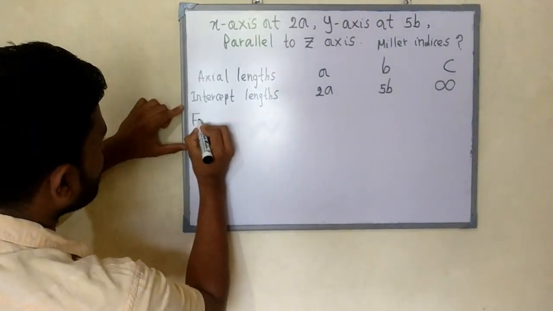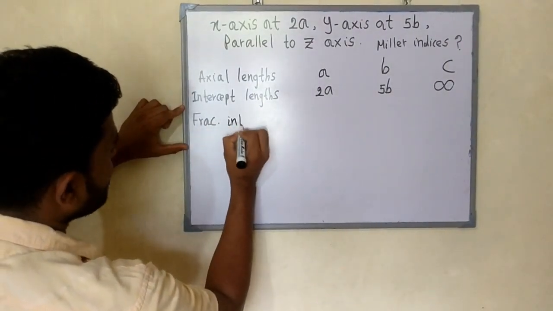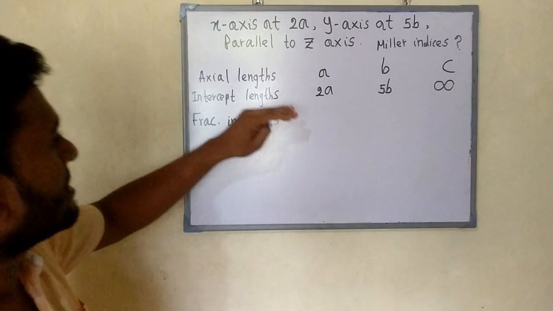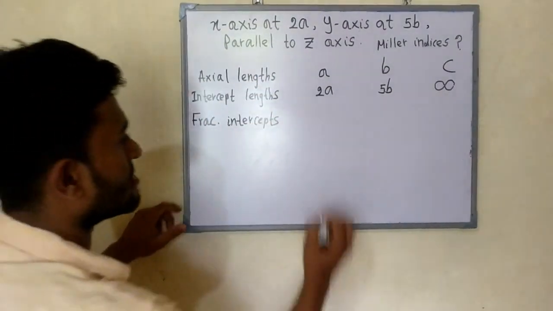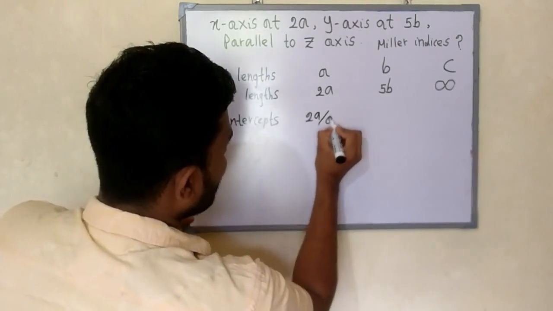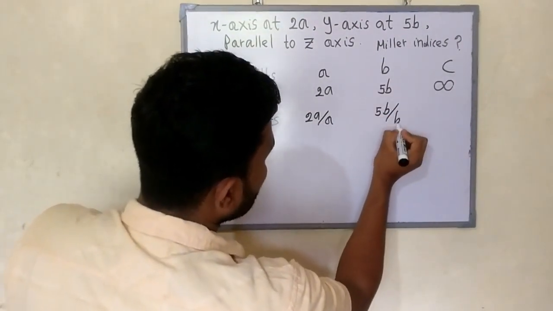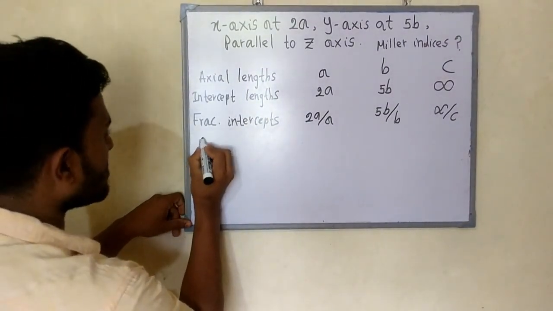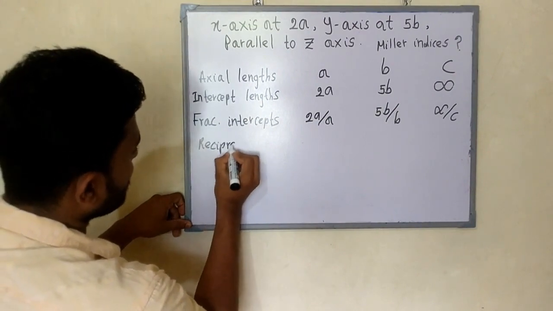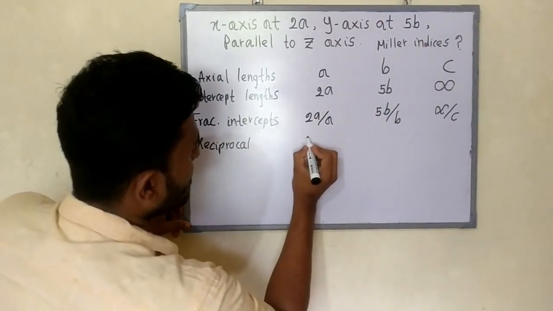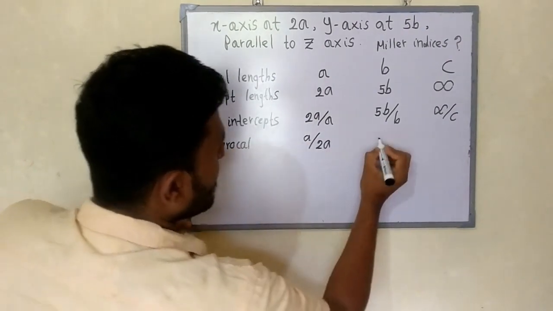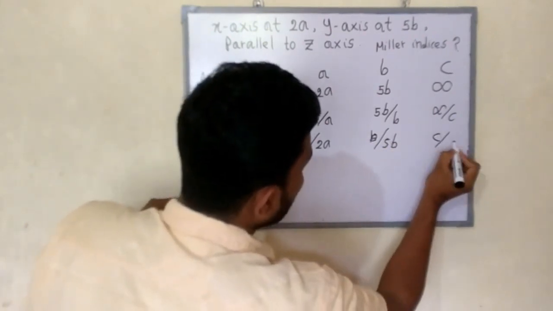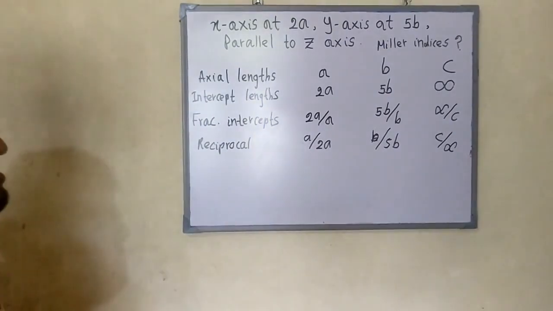Then you can find the fractional intercept. Fractional intercept means intercept length divided by axial length. So that is 2a over a, 5b over b, and infinity over c. Then directly we can go to the reciprocal. So your reciprocal is a over 2a, b over 5b, and c over infinity.